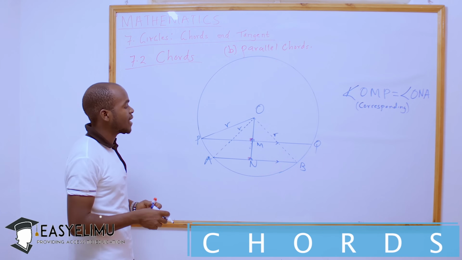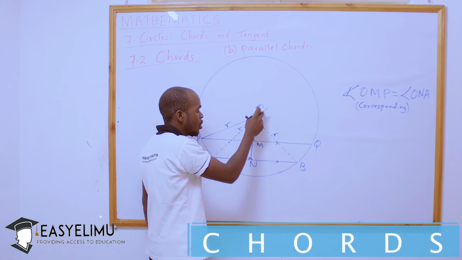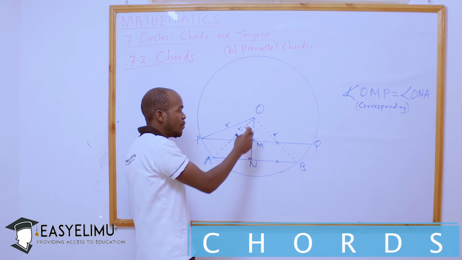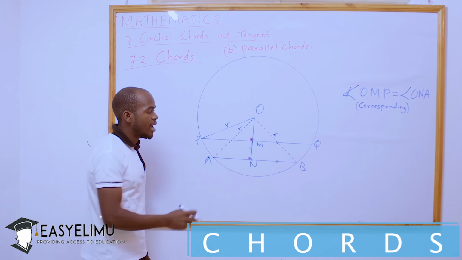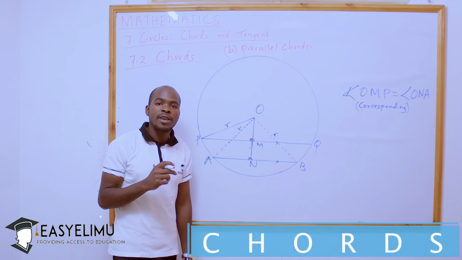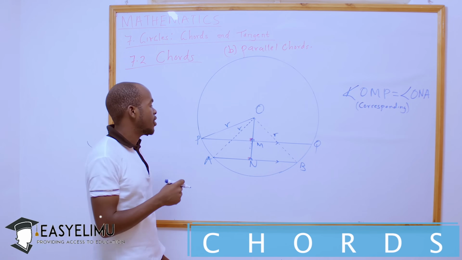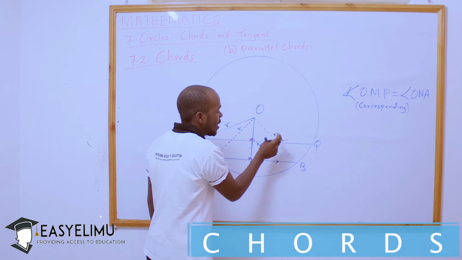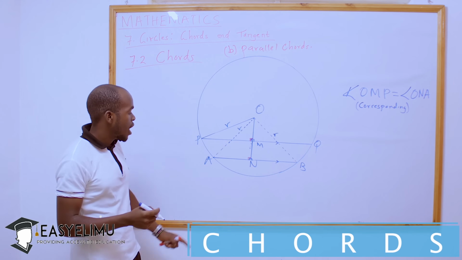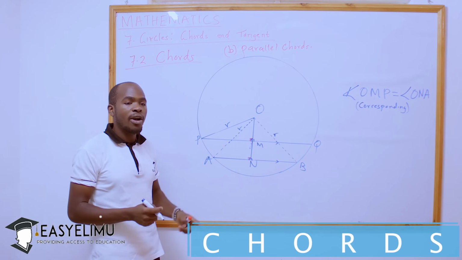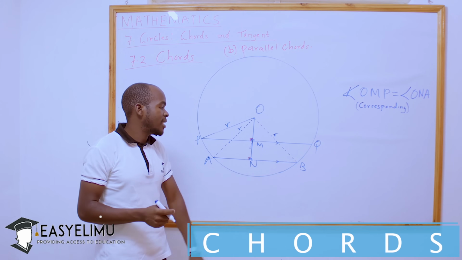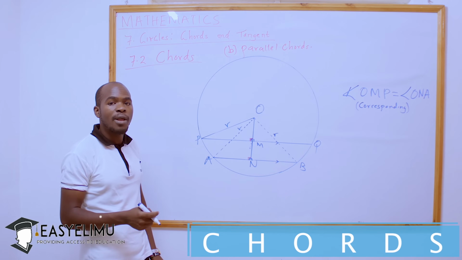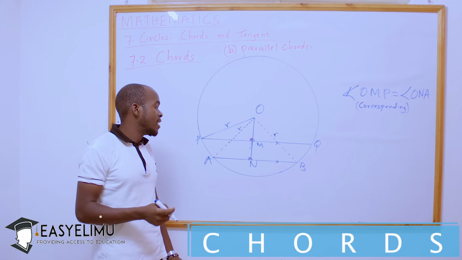So from there we can say that triangle ONB is similar to triangle ONA by the right angle hypotenuse side rule, because this side and the other side are the radius of the circle, and we have 90 degrees and 90 degrees, so they will be congruent by the right hand side rule.